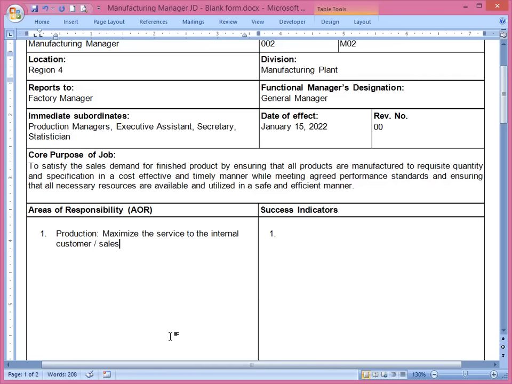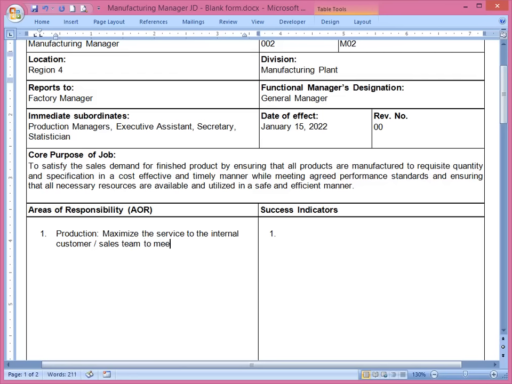Sales is also one of the customers. Just say sales team to meet.